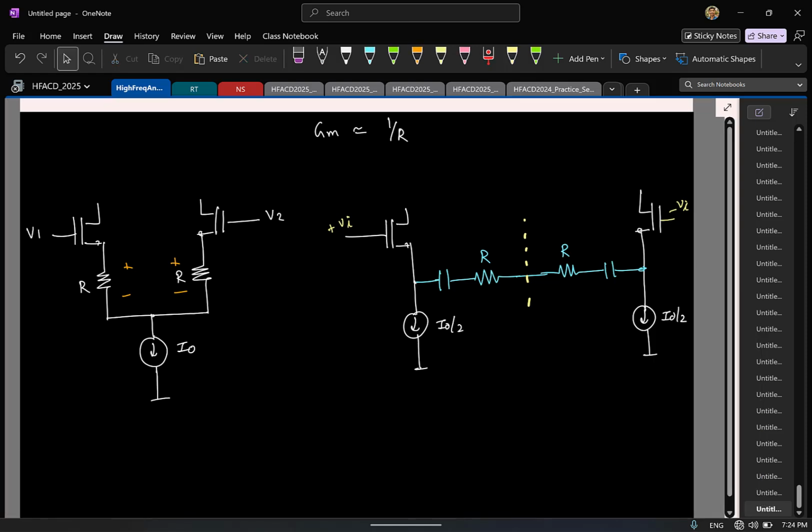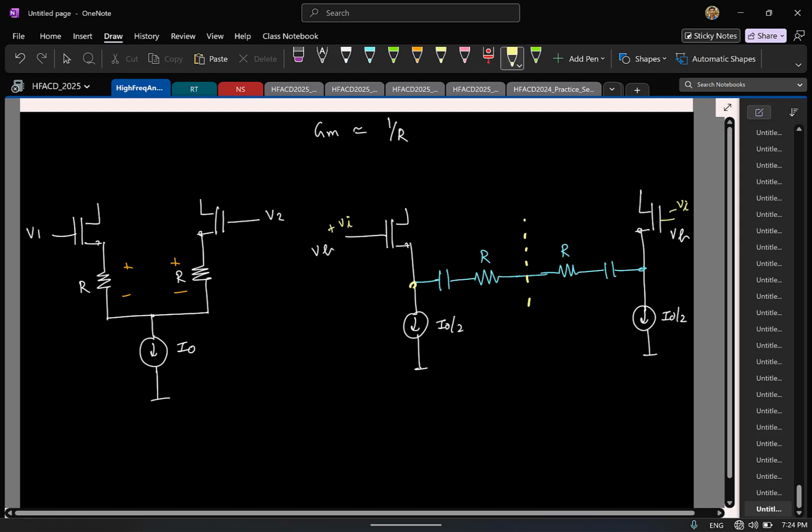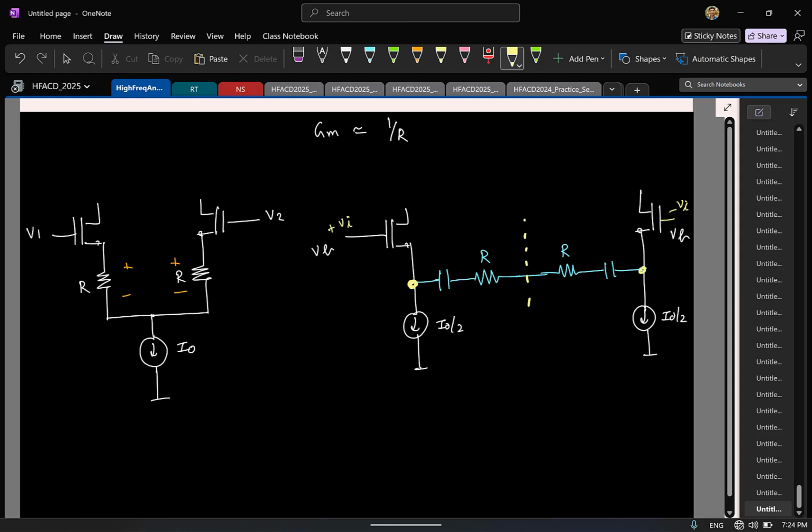Now it turns out you can simplify this even further. So tell me, what was the purpose of having the capacitor here? Why did you add the capacitor? Yeah, we don't want the DC current to flow here. Fine. Now tell me, if I apply bias voltage VB here, plus VB, what can you say about these two bias voltages?